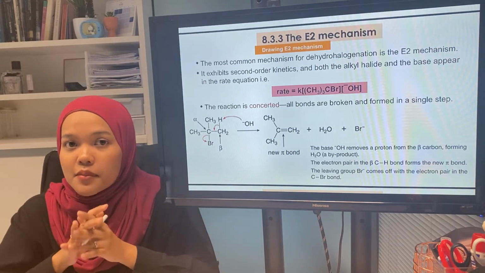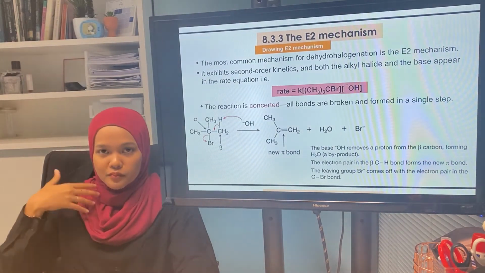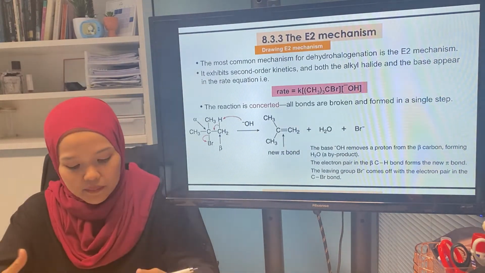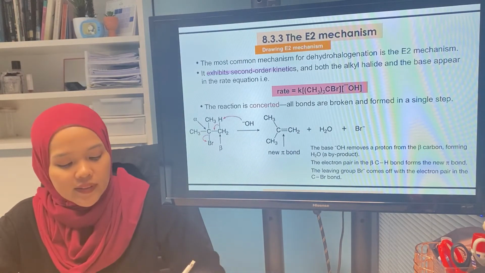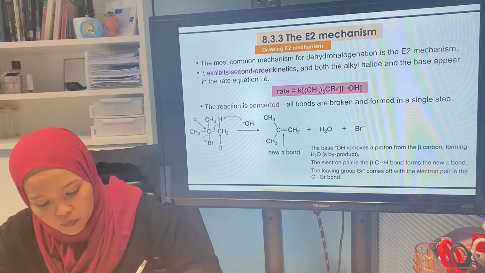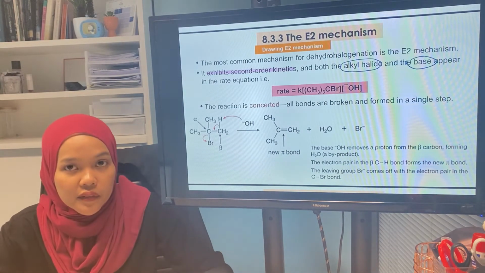Sometimes we can also ask for the E1 mechanism. So when we talk about E2, what does it mean? This reaction exhibits second order kinetics. Second order means both the alkyl halide and the base appear in the rate equation.